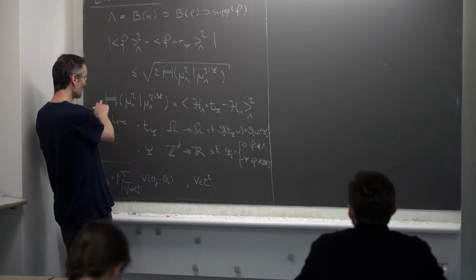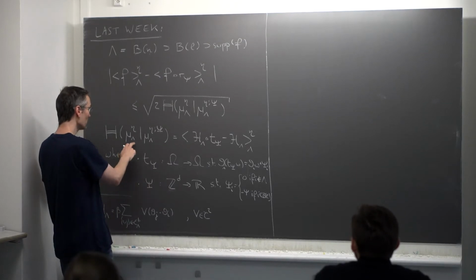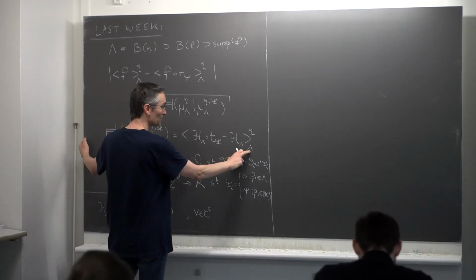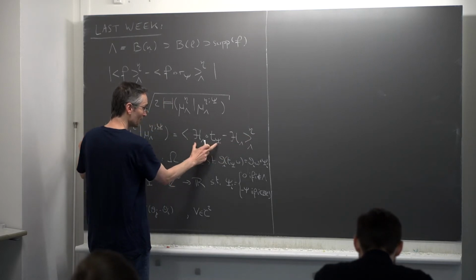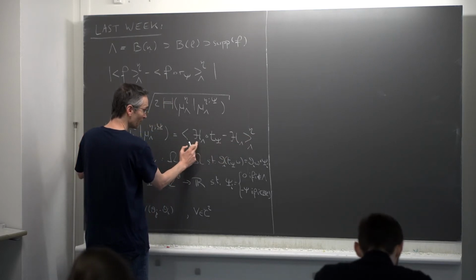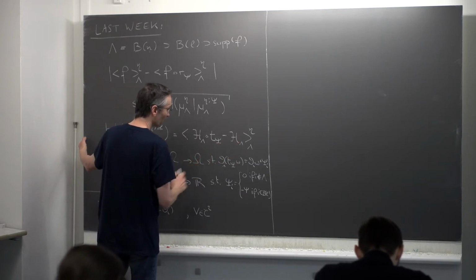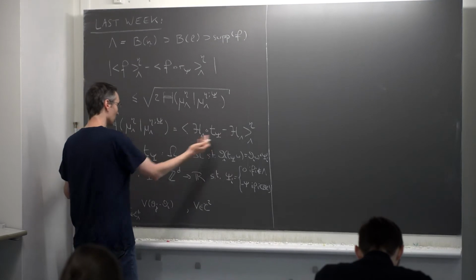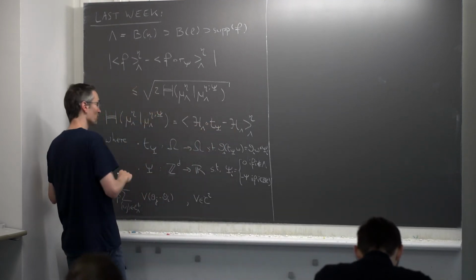The relative entropy, which appears in this expression, we computed last week. It's just given by the expectation under the Gibbs measure in the box lambda with boundary condition eta of the difference between the energy of the configuration after I applied this inhomogeneous rotation and before. So what is the average effect on the energy of applying this inhomogeneous rotation?